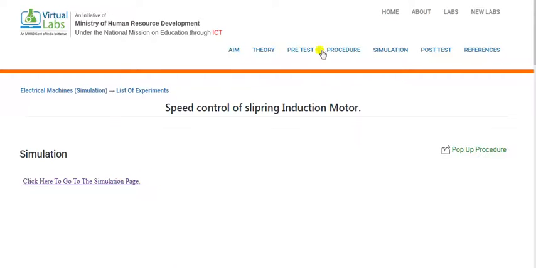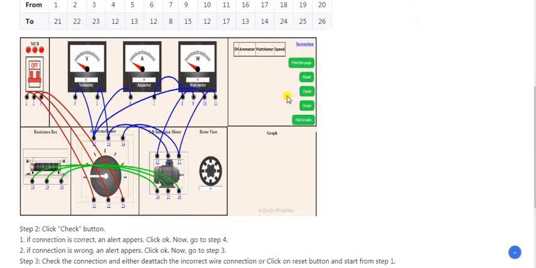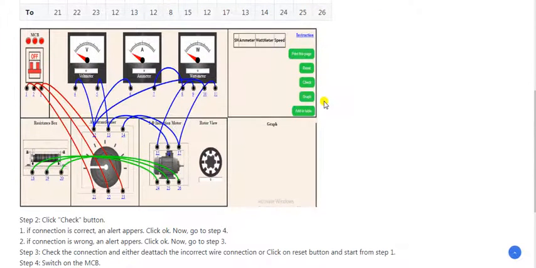First we read the theory, and then this is the circuit diagram, where a voltmeter, ammeter and wattmeter are given, then the rotor resistance. This is the auto transformer, and this is the slip ring induction motor.